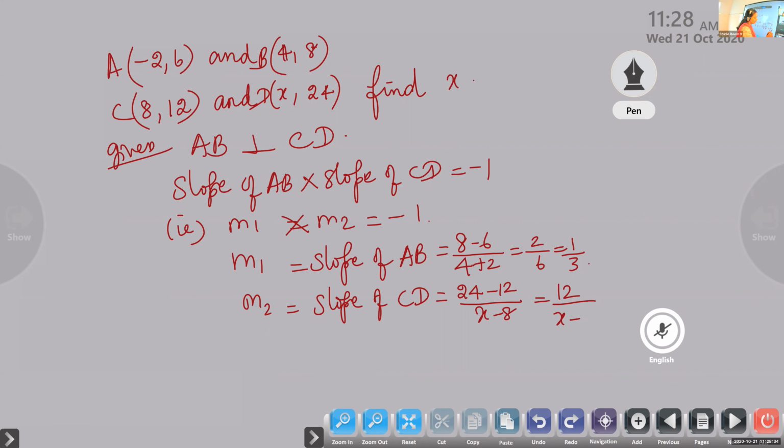It's 12 by X minus 8. So apply here M1 into M2 is -1. So that is 1 by 3 into 12 by X minus 8 is -1. From here, cross multiply, simplify and find out the value of x.